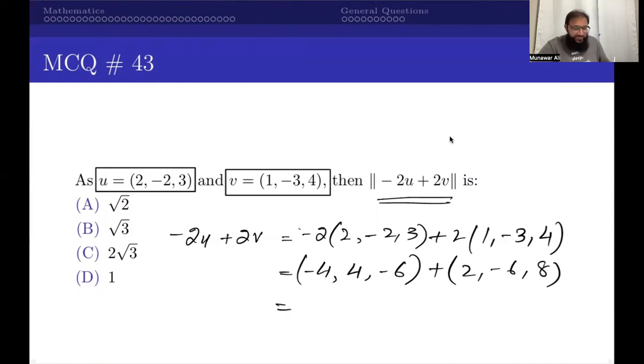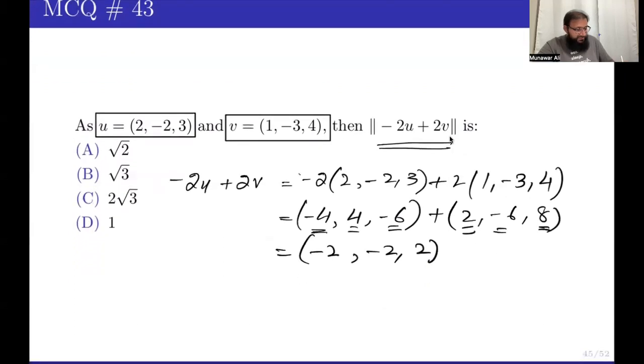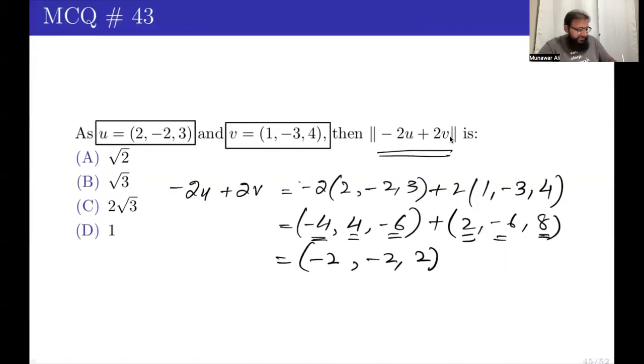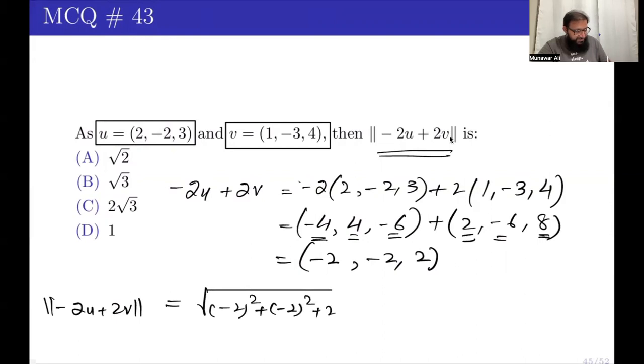If I just add the corresponding elements, this becomes negative 4 plus 2, which is negative 2. 4 plus negative 6 is negative 2. Negative 6 plus 8 is going to be plus 2. Now, finding simply the absolute value of negative 2U plus 2V is going to be the square root of the square of each component: negative 2 squared, negative 2 squared, plus 2 squared.